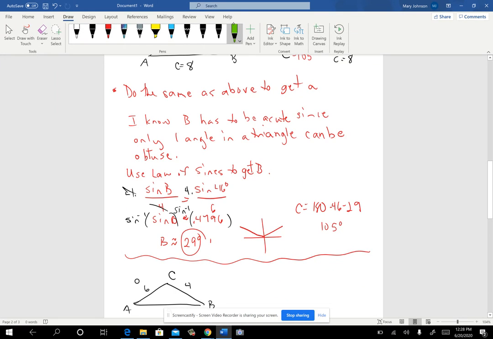So I'm going to use law of sines to get B, and if I did that, then there's only one possibility here. I don't even have to consider the obtuse angle for that. And then I'm able to go in and find the value for C. And I didn't even have to do that whole thing that can be so tricky.